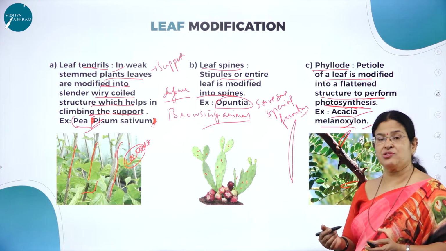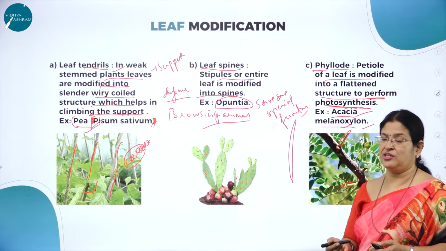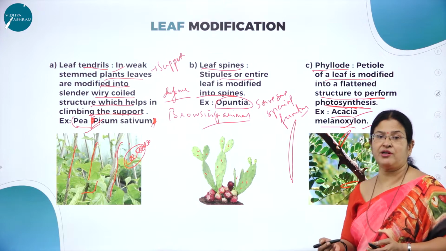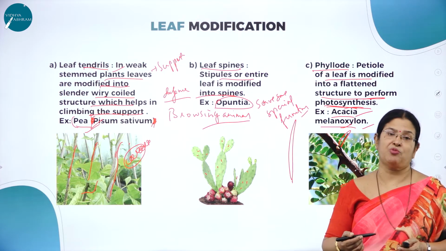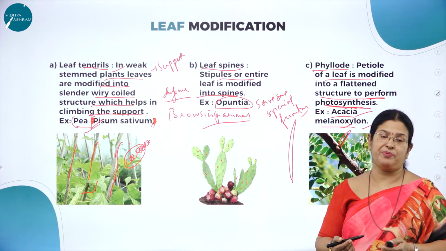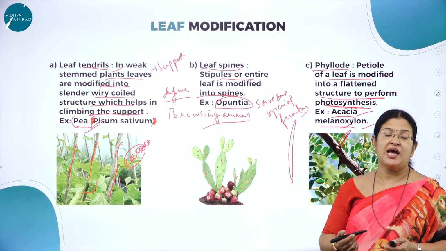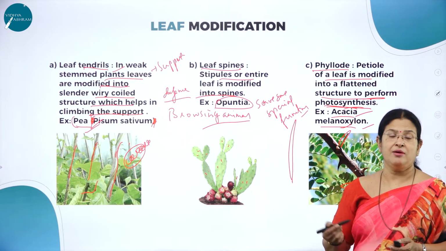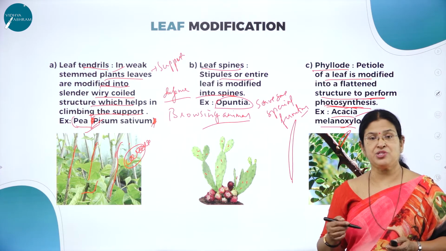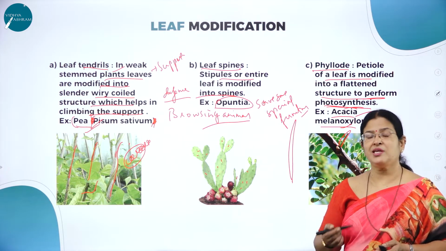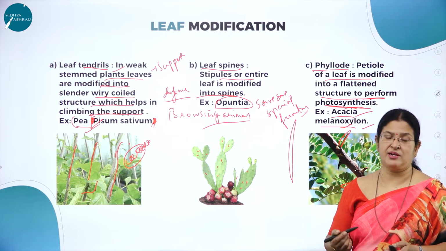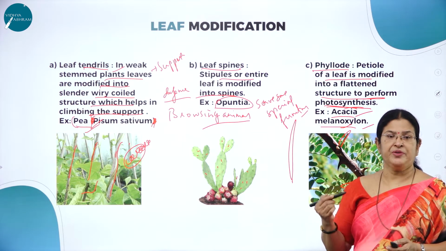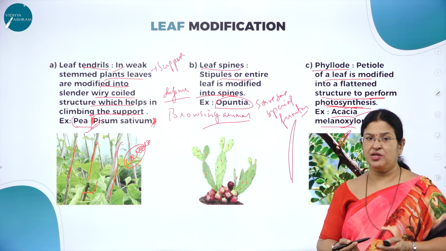But when the plant is not getting sufficient nitrogen in the soil, then it goes for an alternate means where it itself gets modified into an insectivorous plant, where it eats the insects, and whatever protein is found in the insect body is digested by the plant, and it makes use of that for its growth. See, imagine how wonderful these plants are. You come across many varieties of insectivorous plants.